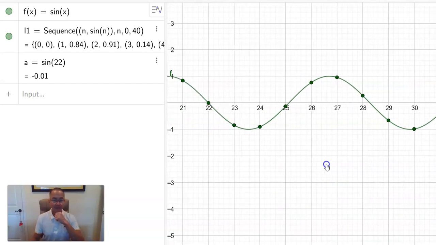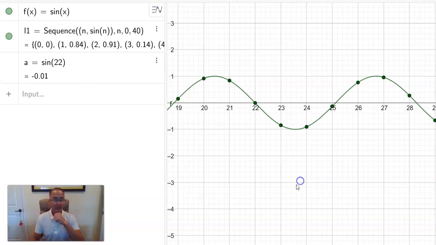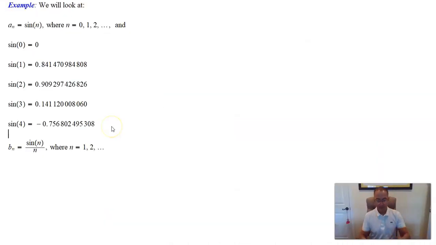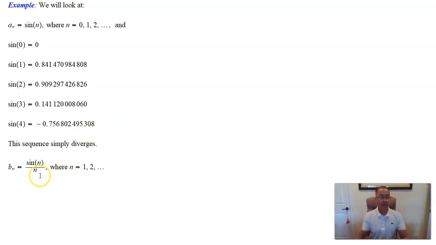Simply diverges. So we are now going to look at the second question, which is what happens if you divide this by n? All right, so let's just write down our conclusion from GeoGebra. So this sequence simply diverges. All right, so our second sequence is sine n over n.